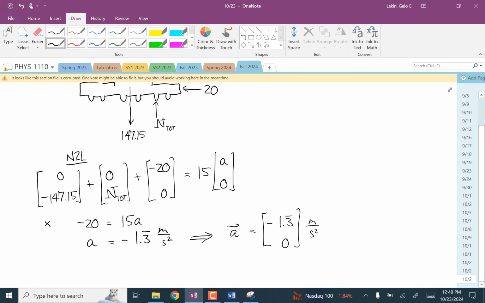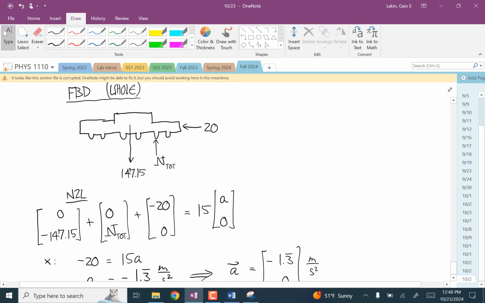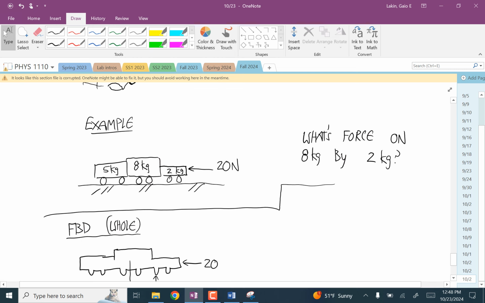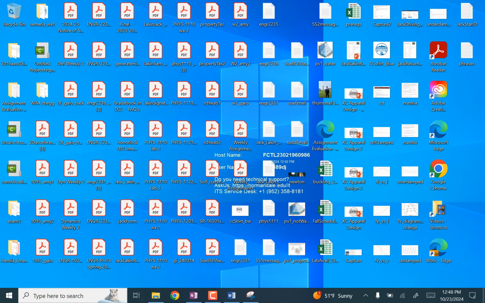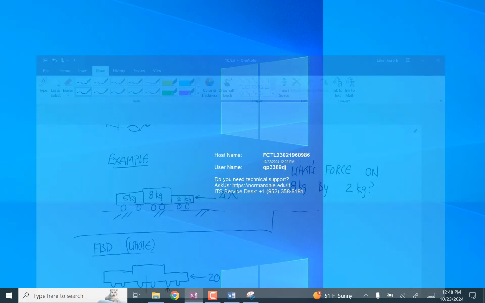Okay, and now I'm going to isolate another body. Well, we're asked for a force on the 8 kilogram, right? So your first thought here would be, let's isolate the 8 kilogram, okay? But look what happens if we do that.